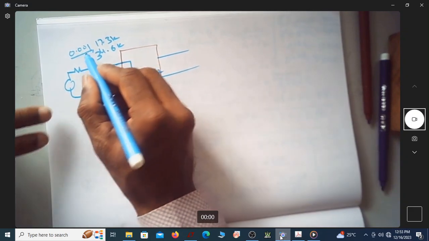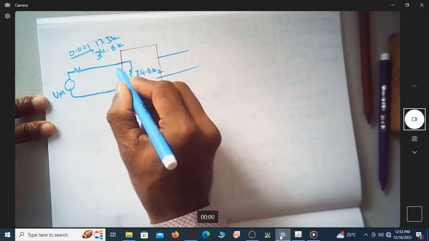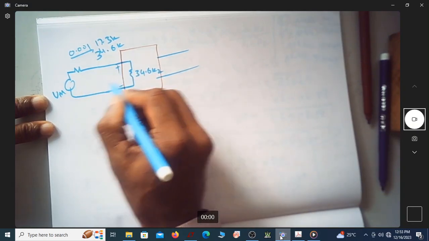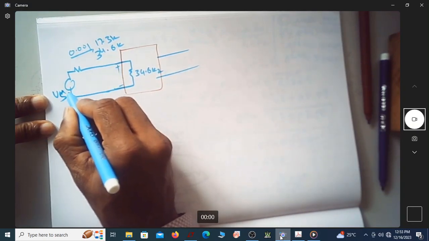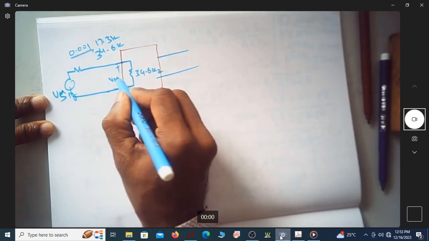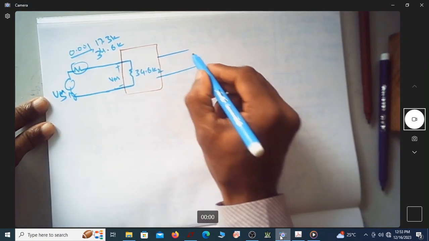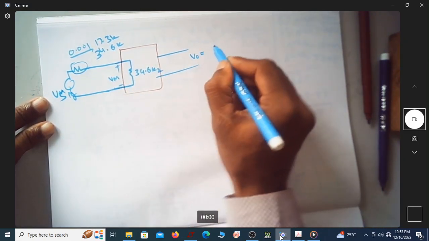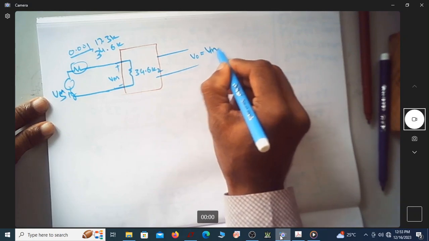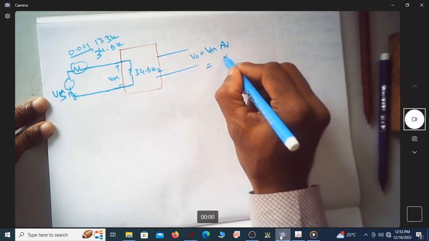When the resistance is almost 0, whatever input voltage you are applying will completely reach here. This is my V signal, this is my V in. The entire V signal reaches here because there is no drop happening. So you will get an output voltage which is nothing but V in times AV, which is 5 times V in.